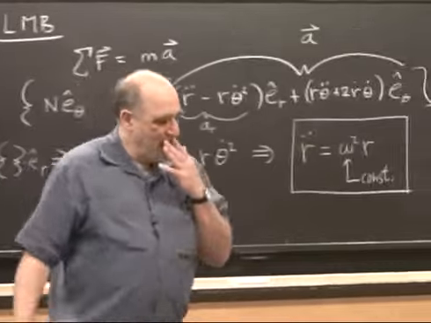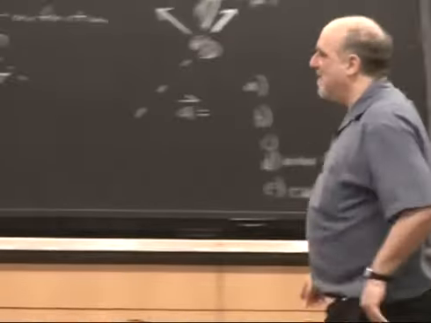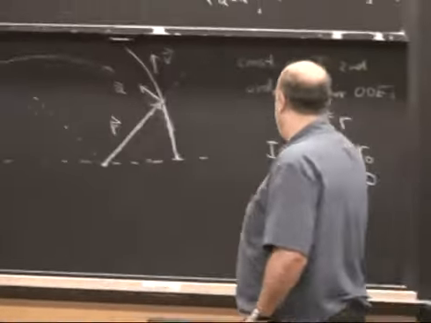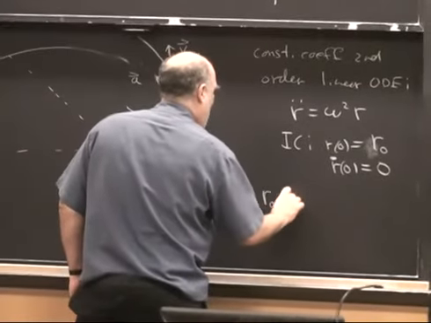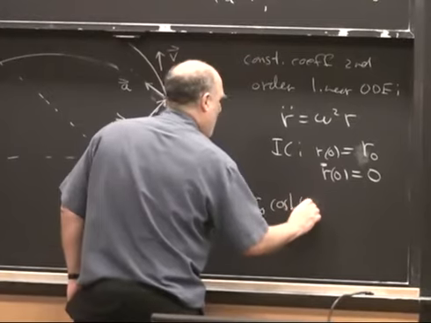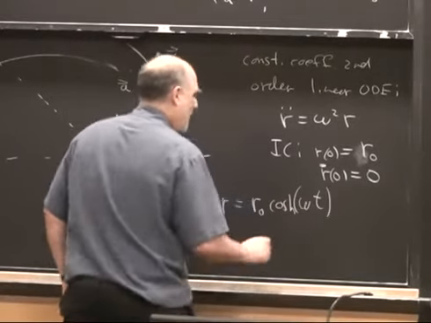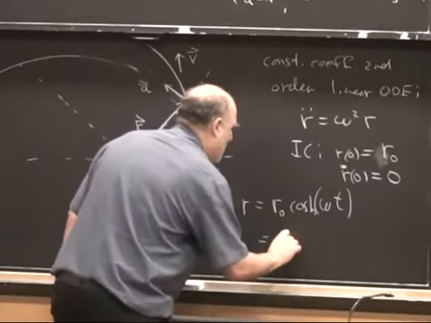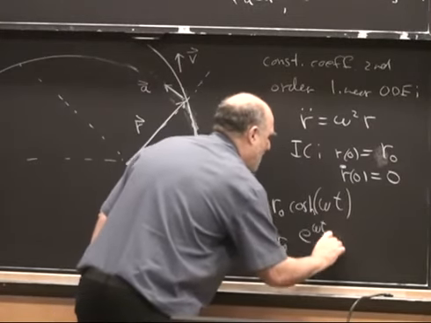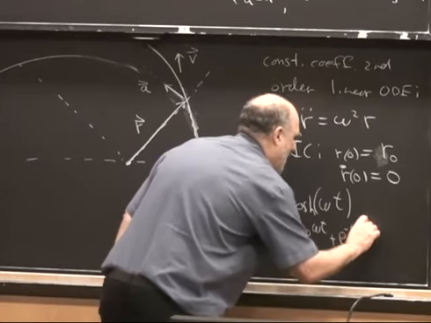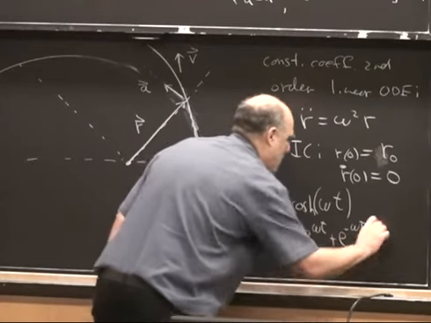And if we go through and set all the constants right for this, we get that r is equal to R0 cosh of omega t. Or another way to write that is R0 times e to the omega t plus e to the minus omega t, divided by 2.